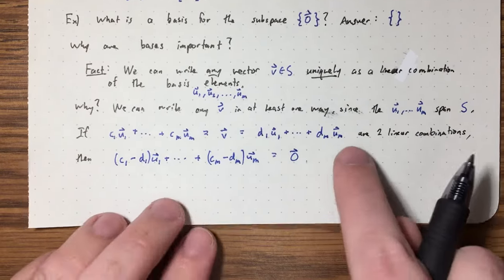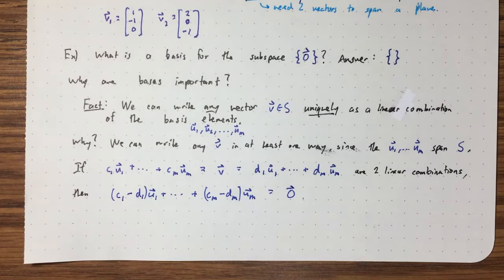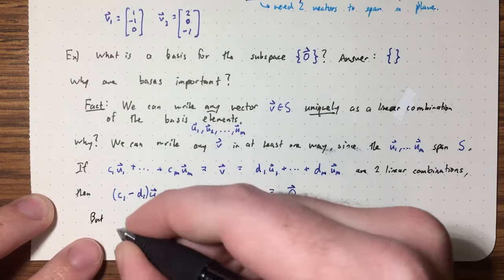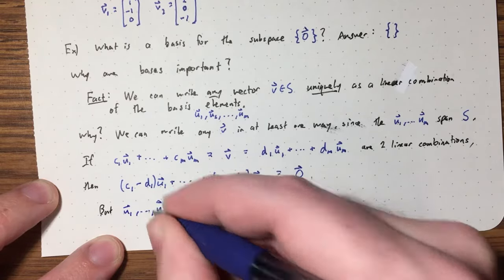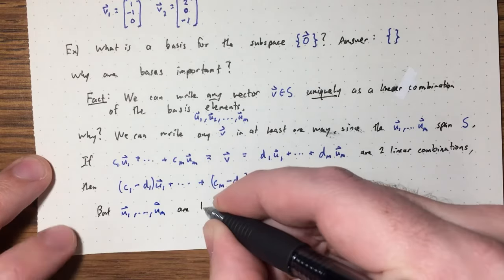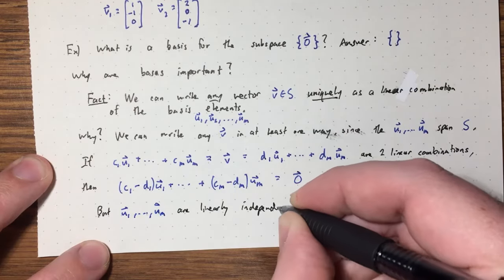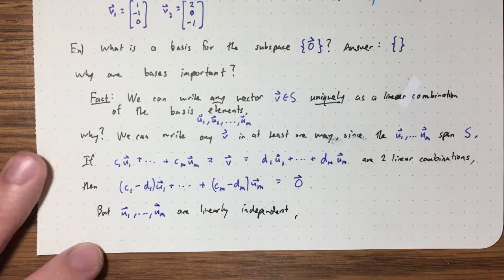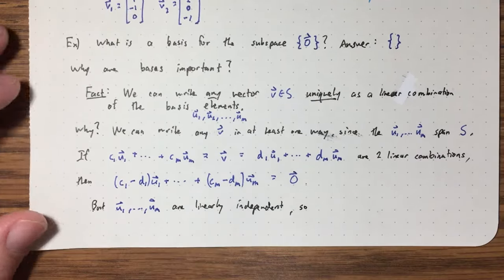Let's use the fact that these are basis elements. So not only do they span, they're linearly independent, right? So what does that mean? All of these vectors u1 up to um are linearly independent. What does that mean? Well, it means that all of these coefficients are 0, right?